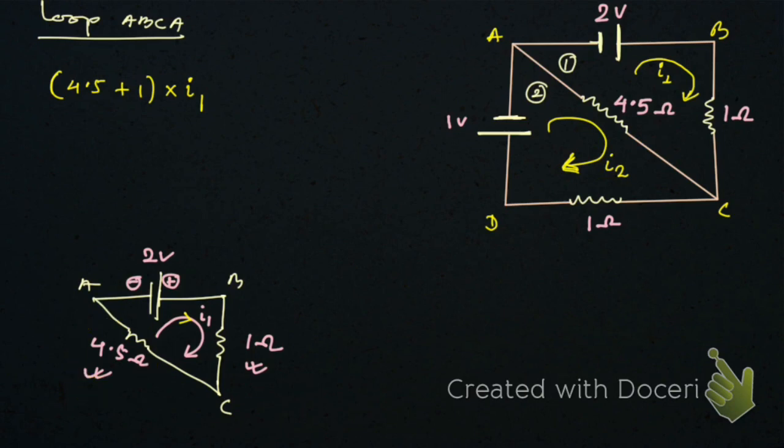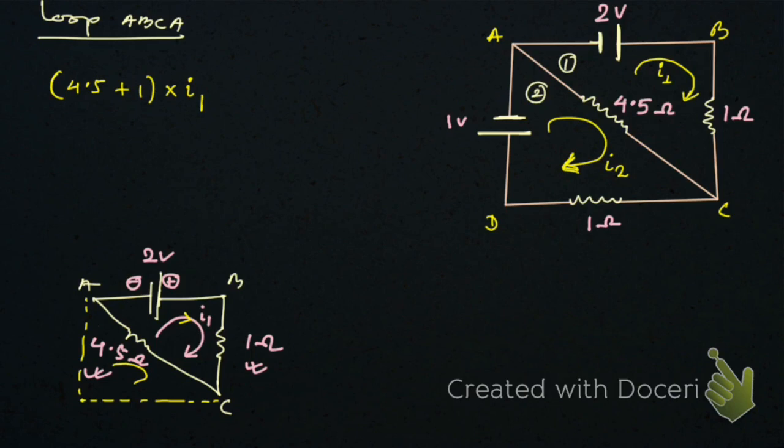So in the next loop that we have here, let me represent it by the dotted line ADC. Here the direction of current is in this direction, I2, right, which will be opposite to this I1, right?